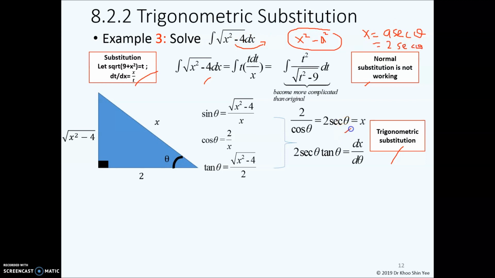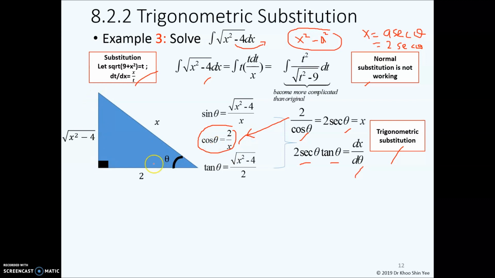So we continue, you have this. Secant is also 1 over cos, so you can write it into this form as well. So when you differentiate, you get 2 secant tangent. So cos angle is equal to 2 over x here, right? So from this relationship, you can get this.